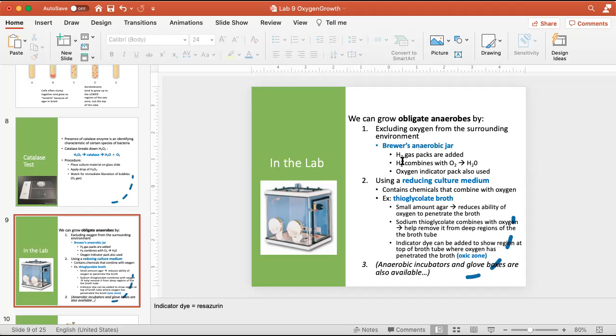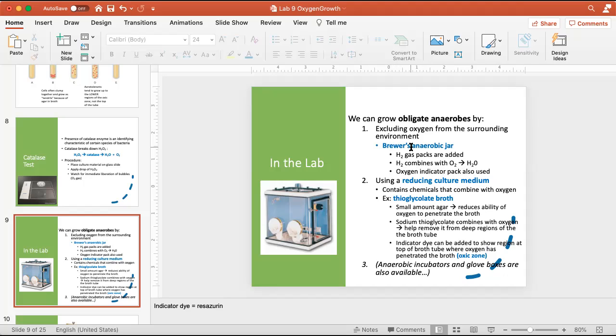So we do something actively to remove the oxygen from the jar, and then we keep watch just in case any oxygen accidentally gets in. You then just take this brewer's jar and put it in the incubator in that nice, warm, dark place, and your anaerobic organism will grow for you.